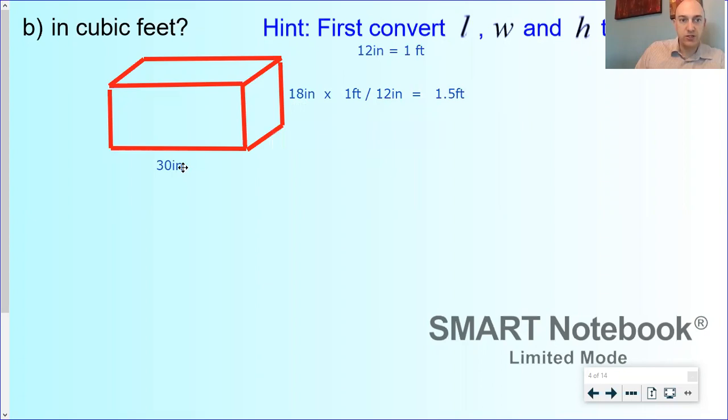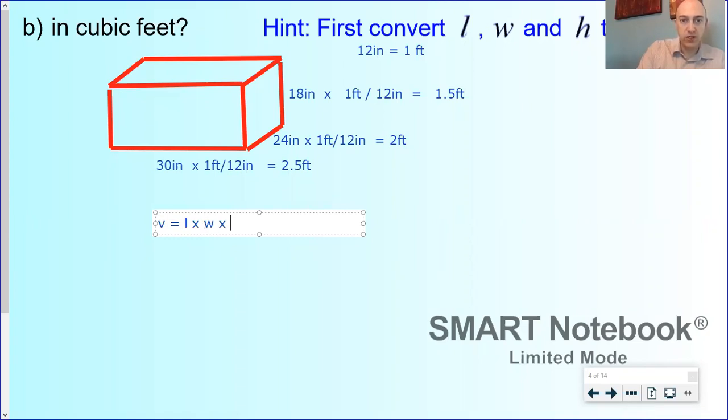And 30 inches times 1 foot for every 12 inches. We're going to divide 30 by 12, and that'll give us 2.5 feet. And now when we rework the volume formula, volume equals length times width times height.